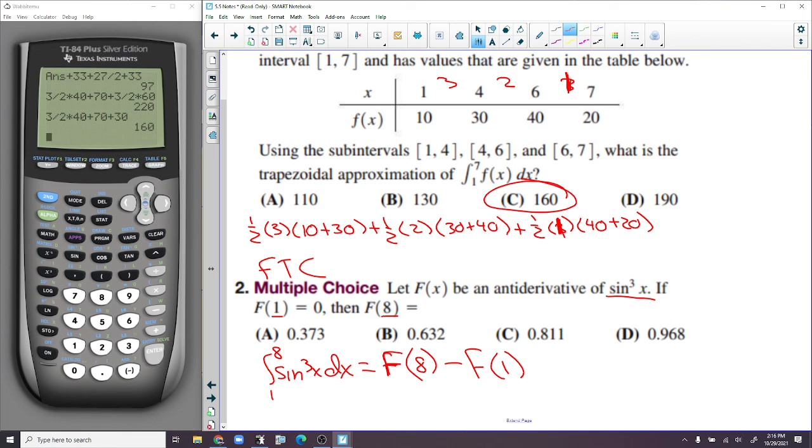But they tell us what F of 1 is. It's 0. So instead of putting this, I could put a 0 here, or a 5 there, or a 10, or whatever. So now to finally find out what F of 8 is, I just add the 0 over, or add the 2 over, or add the 5 over, whatever they tell me it is, and I can do this on the calculator, and we got the answer. So because that's a 0, all I need is that right there.